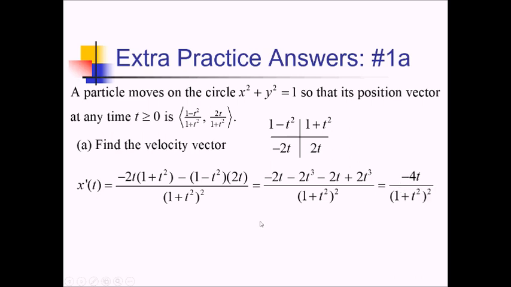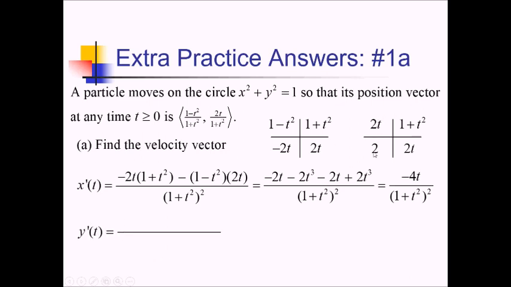For y prime, we're going to have to use another box and ribbon, another quotient rule. So for y we have 2t for the numerator, and 1 plus t squared for the denominator. Derivatives of those are 2 and 2t. Multiplying that out with my quotient rule, u prime v minus uv prime over v squared. Here's y prime.